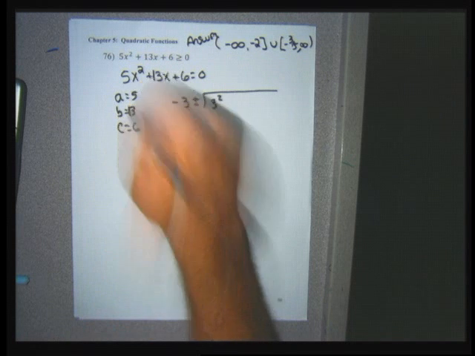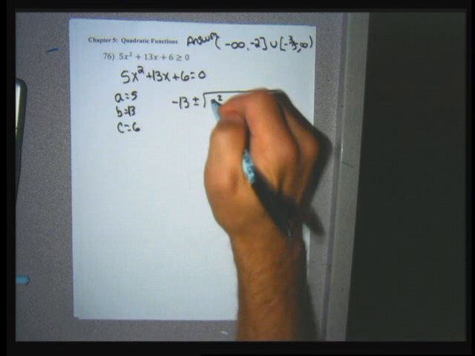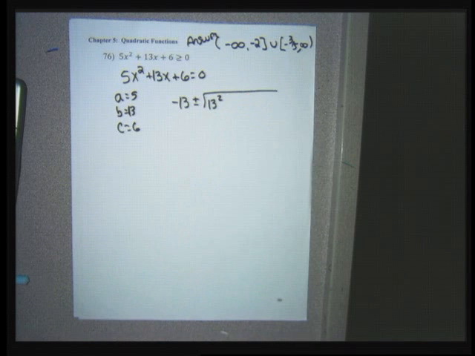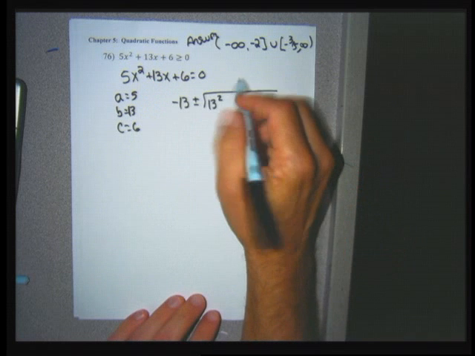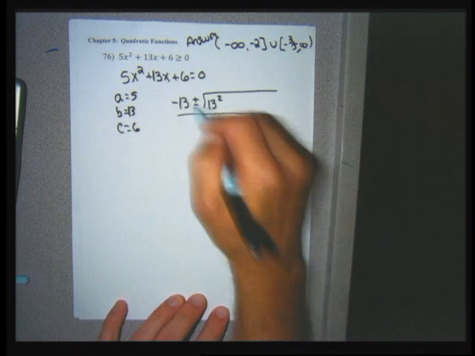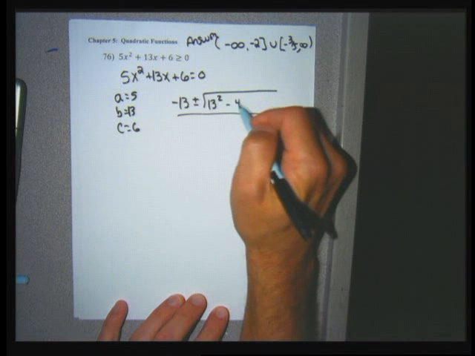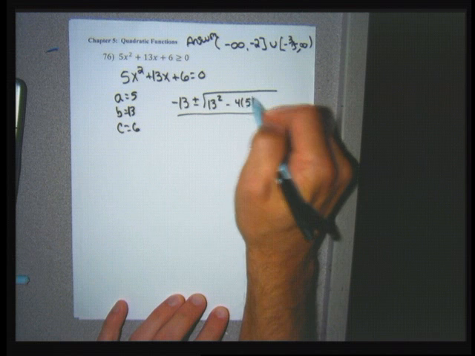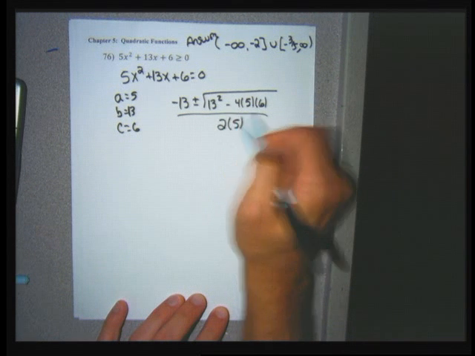This was supposed to be 13, so it's supposed to be negative 13 plus or minus the square root of 13 squared. For whatever reason, I forgot the one part of the 13. So negative B, negative 13, plus or minus the square root of B squared, 13 squared, minus 4AC, which is 4 times 5 times 6, all over 2A, which is 2 times 5.